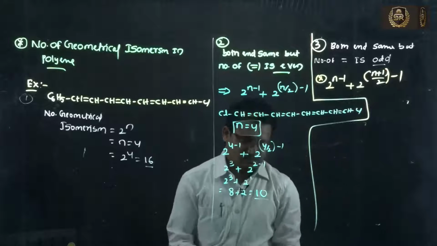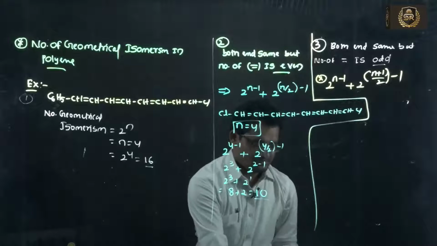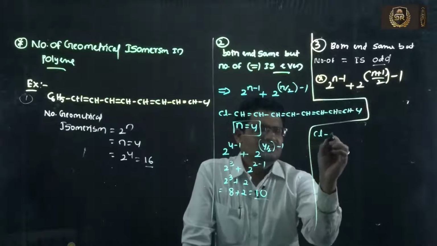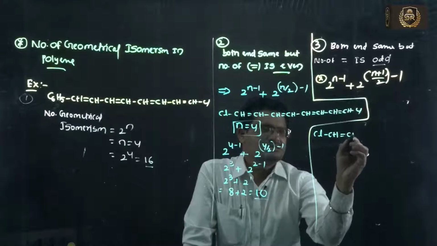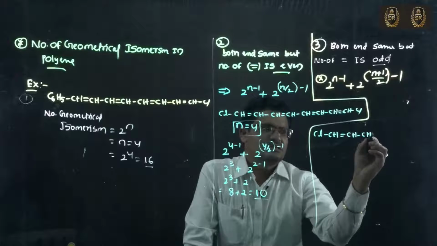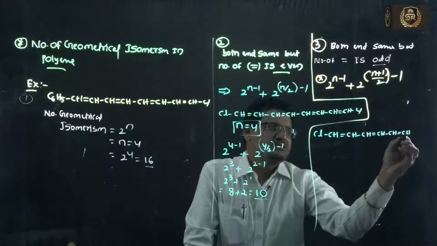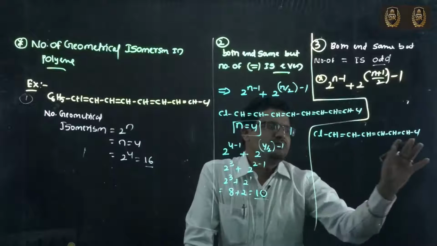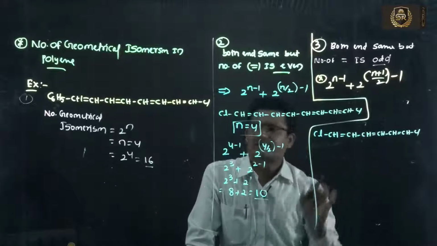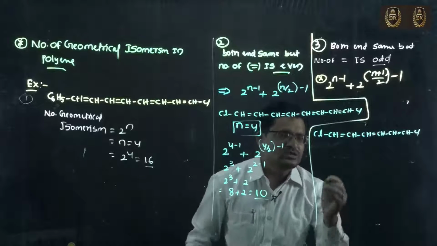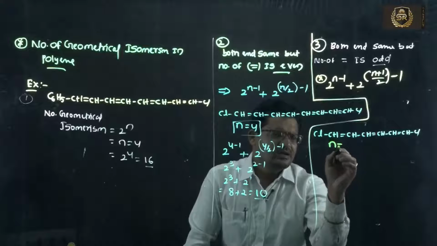For example, I am using one problem like this: Cl, CH double bond CH, single bond, CH double bond CH, single bond, CH double bond CH, Cl. Both ends are the same, but the number of double bonds is odd, that is N equal to 3.